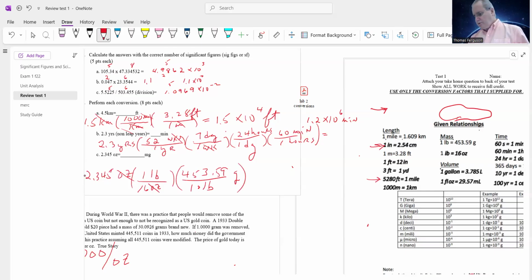And then gram to milligram. Now, the only one that's not by definition is the middle one there, the grams to pound. So our answer is going to have 4 sig figs.